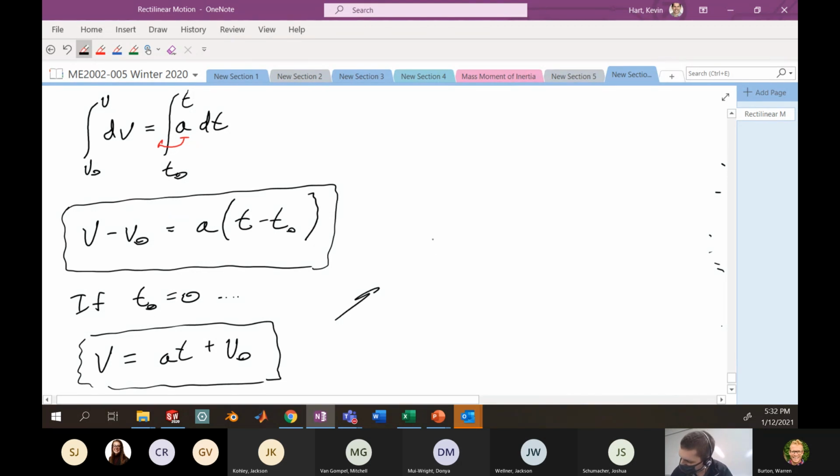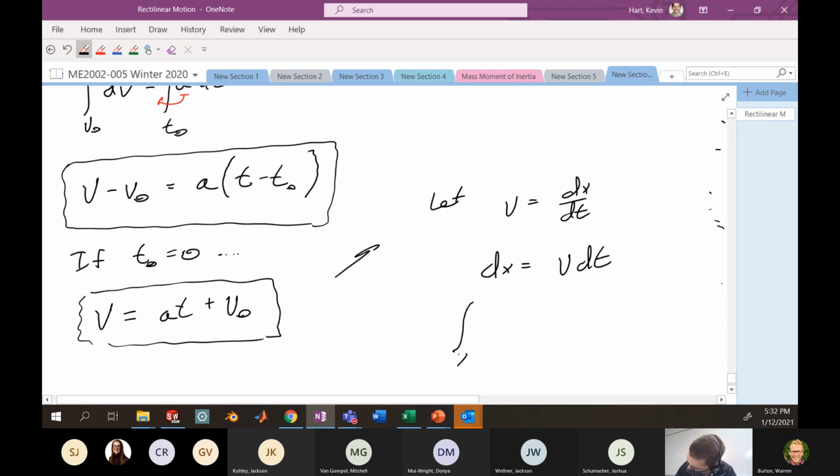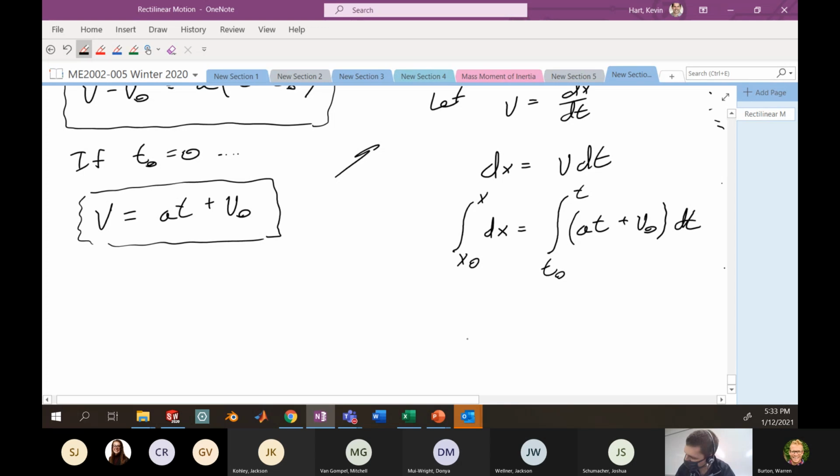You can continue down the road here. Something like this. Here v is at plus v0 dt, evaluated from t0 to t.